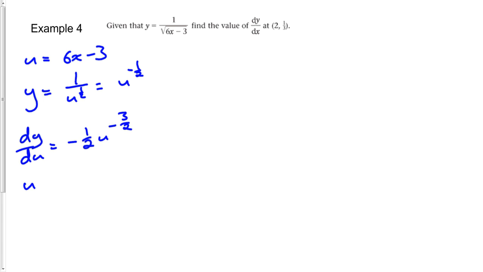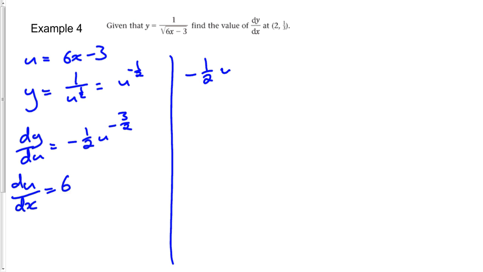And du by dx equals 6. So if we then multiply those together, dy by du times by du by dx, we get minus 1/2 u to the power of minus 3 over 2 times by 6, which gives us dy by dx equals minus 1/2 times by 6 is going to be minus 3, and then u to the minus 3 over 2.